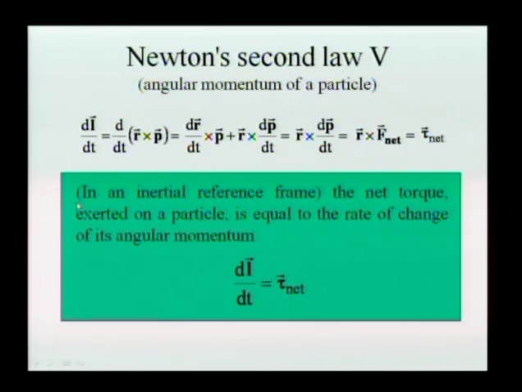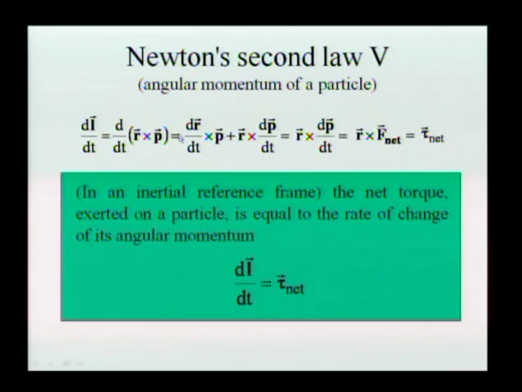Where did I use the fact that it's an inertial reference frame? Where is the inertiality of the reference frame required in the derivation of that proof? Because, really, this is the proof of that theorem. The fifth version of Newton's second law is a theorem which is derived from an axiom, Newton's second law, first version. So where did I use the fact of inertiality? Nope, not here.